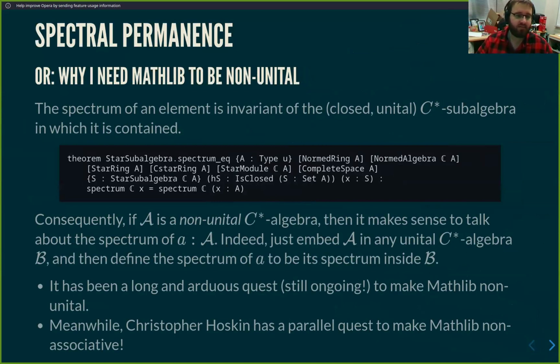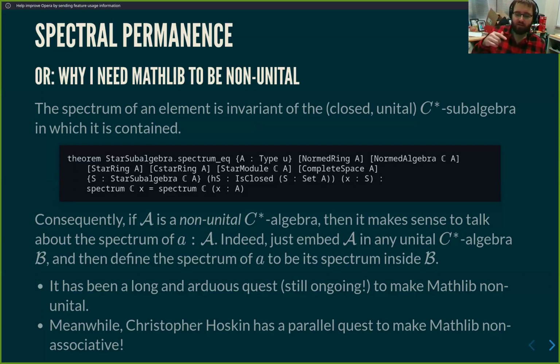And in the past months, I've devoted some time to developing basic API for non-unital structures: non-unital sub-semirings and subrings and subalgebras and star subalgebras and all this stuff. It was a big chain of things that we had to build, but pretty boring, but at some point it has to be done.